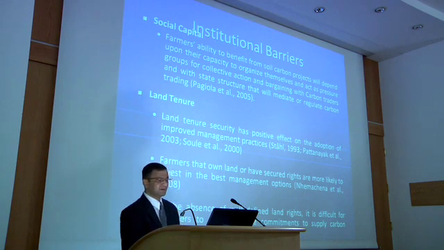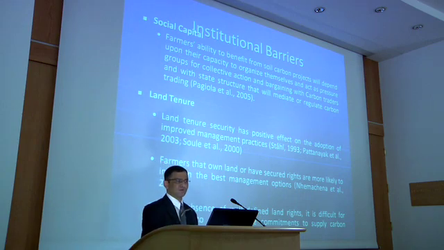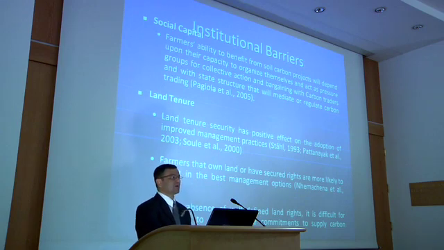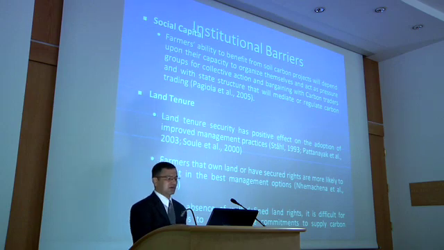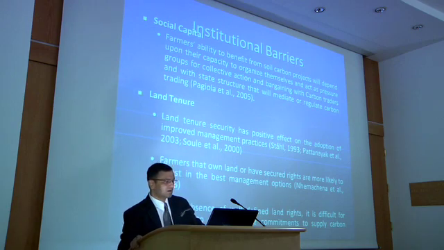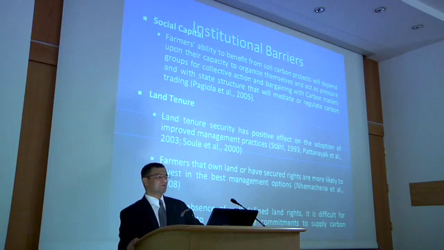And Patnaik et al. did a similar thing with agroforestry, and the result was the same. And it's not only in the developing countries, but the result is the same in the developed countries. Saul et al. did a similar study in the United States and found that land tenure security is important for adoption of best management practices.